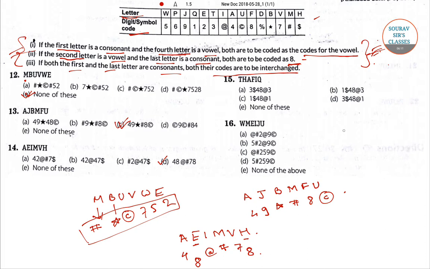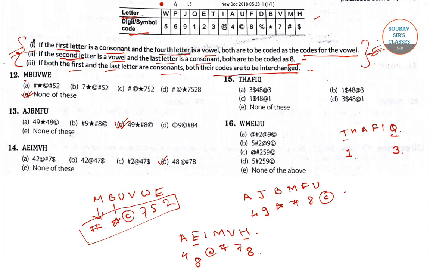Next is THAFIQ. Now here both first and last are consonants. Therefore, this third condition would be applied, and according to it, their codes would be interchanged. So the code of T is 3, so 3 would be written as the last, and code of Q is 1, so 1 would be written in first, while the remaining would happen normally.